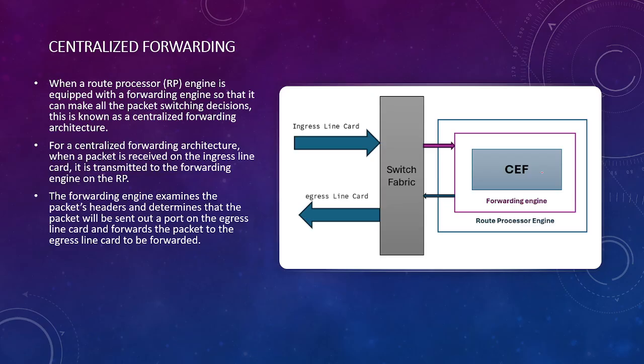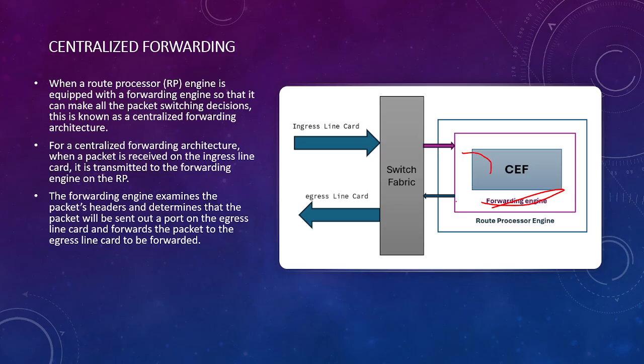As you can see, the route processor has a forwarding engine. Inside that, within the forwarding engine, you have CEF also, right? Then the forwarding engine examines the packet header and determines which egress port the packet will be sent out of, because the forwarding engine has its own CEF.